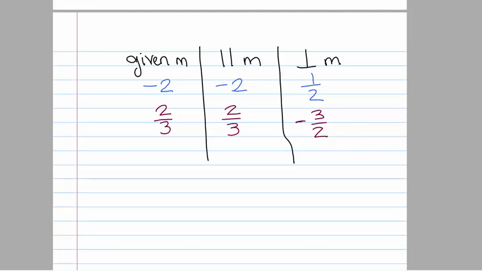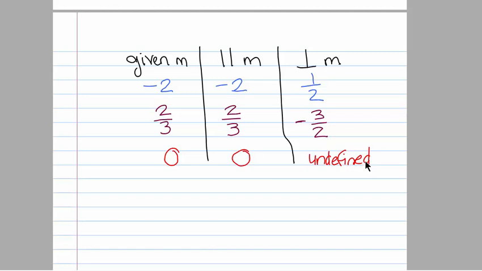All right, now let's look at what happens if my slope is 0. My parallel slope is 0. My perpendicular slope: opposite, there's no opposite of 0, but reciprocal, that means 0 goes under, so therefore it is undefined.